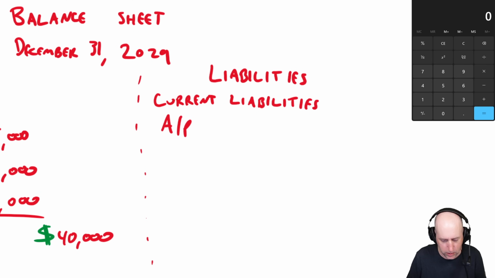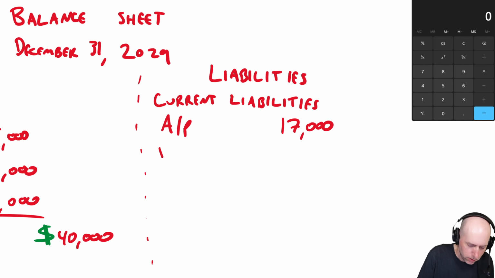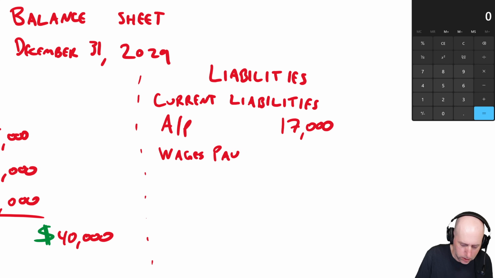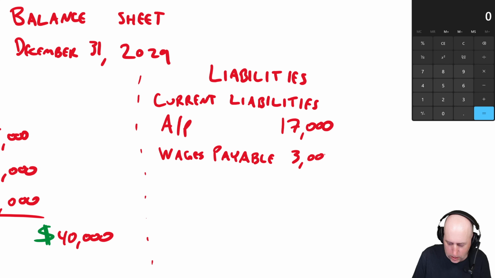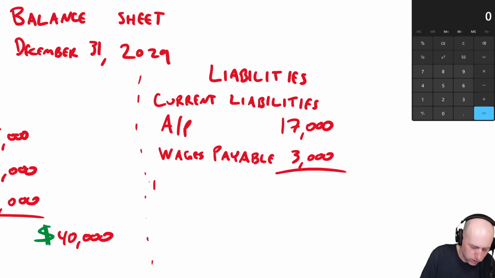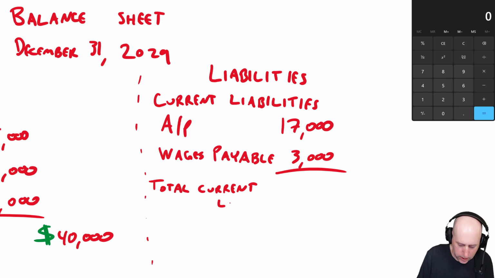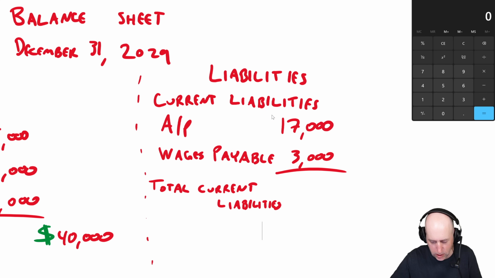Okay, accounts payable 17,000, wages payable 3,000, and the total current, running out of space here. I don't think I spaced this out properly. Just looking at liabilities is 17 plus 3.